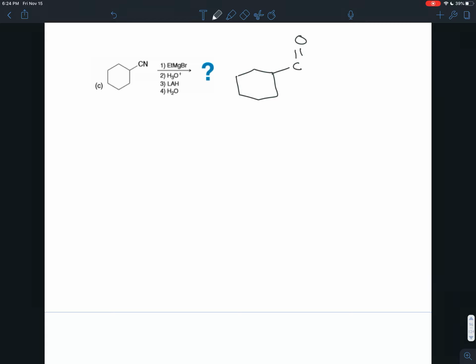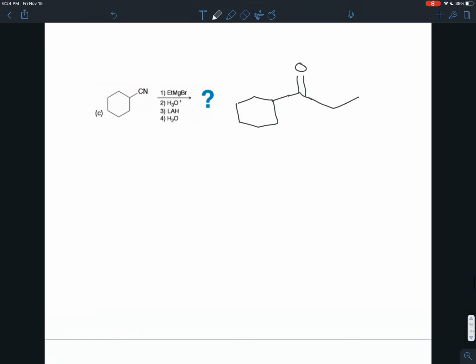On one side, we have the same carbon chain we had before. On the other side, we're going to have the carbon chain in the Grignard reagent, so an ethyl group. And I'll connect these just in a skeletal drawing. Okay, so that's what we have after these first two steps, using the same mechanism that we used before.